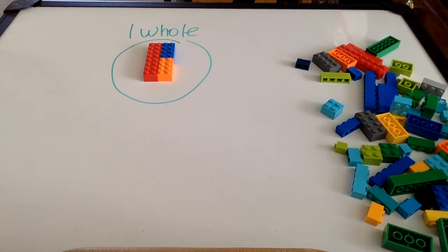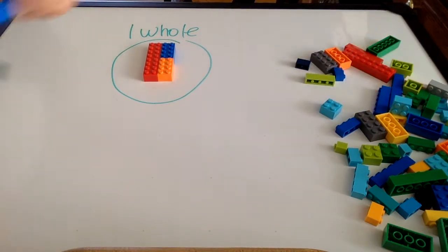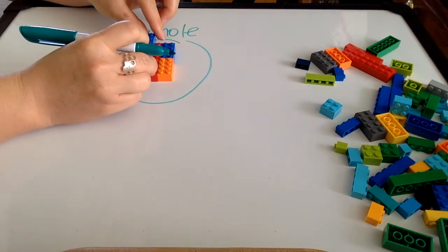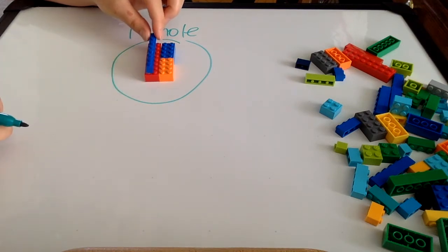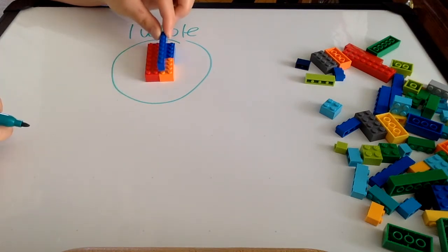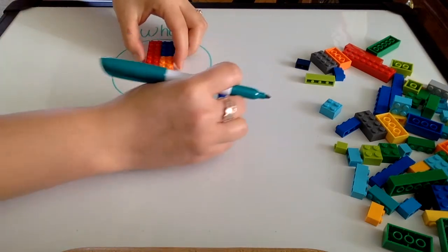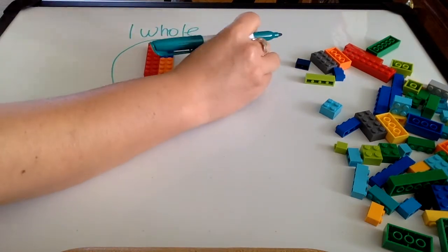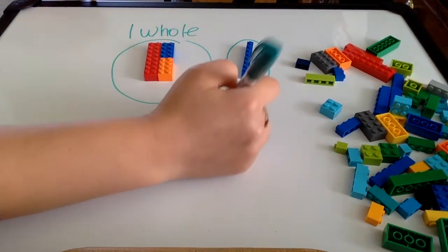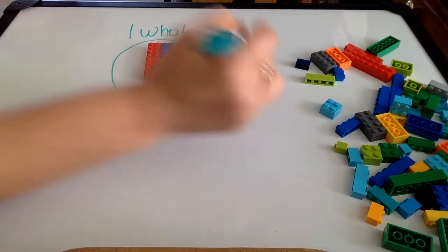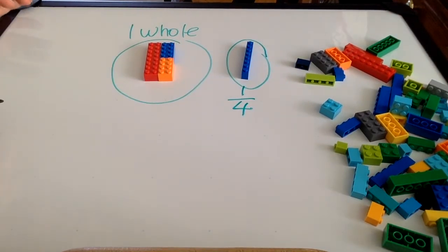I will give you just a few examples just to get you started. So for example, I can fit 1, 2, 3, 4 equal parts. So this could be my 1/4.